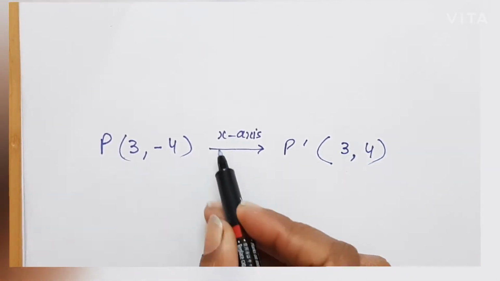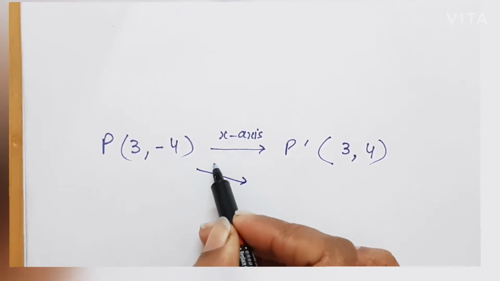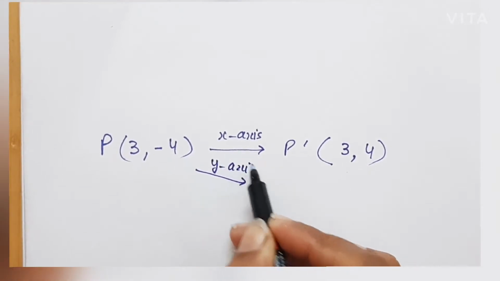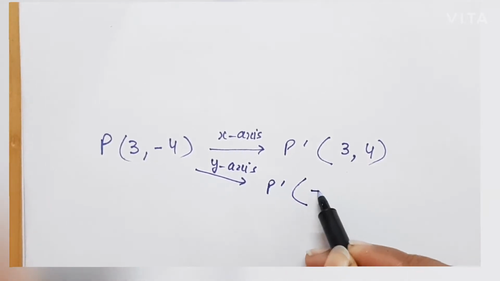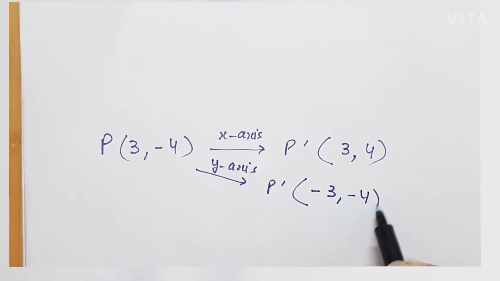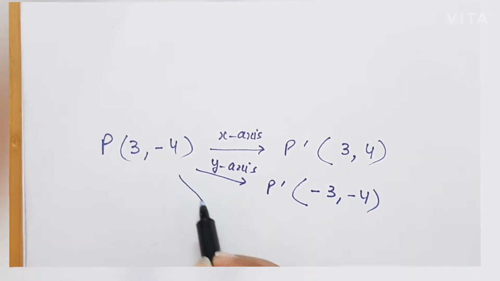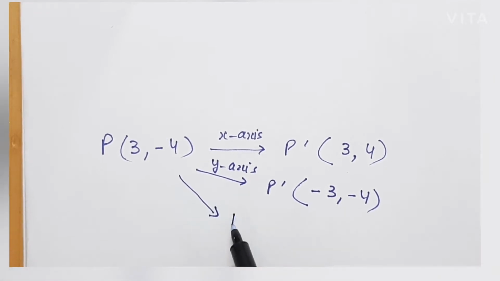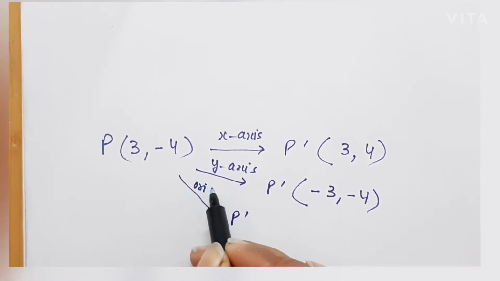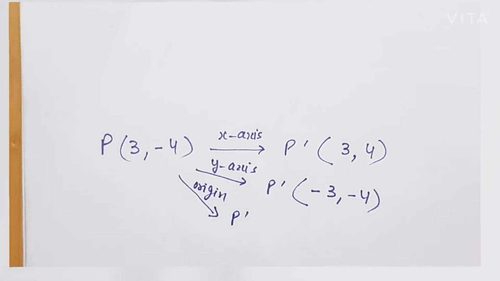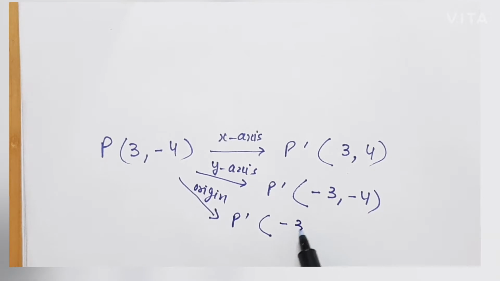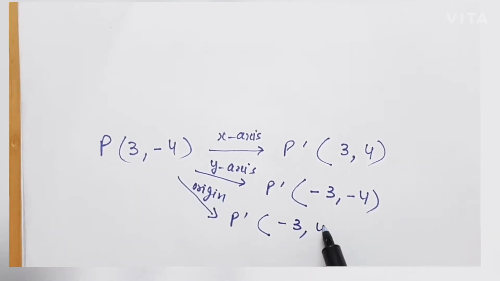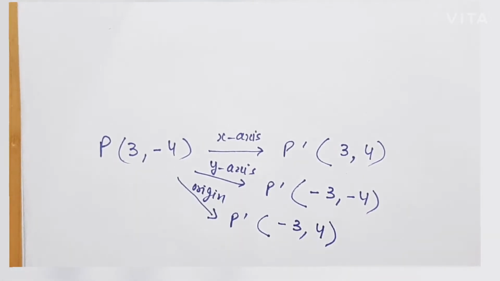Similarly, if we reflect the same point in y-axis, then what will happen? It will become P dash minus 3 and minus 4. And if we reflect the same point in origin, that is 0, 0, then both the signs will get changed. 3 will become minus 3 and minus 4 will become 4. I hope it is clear to you.